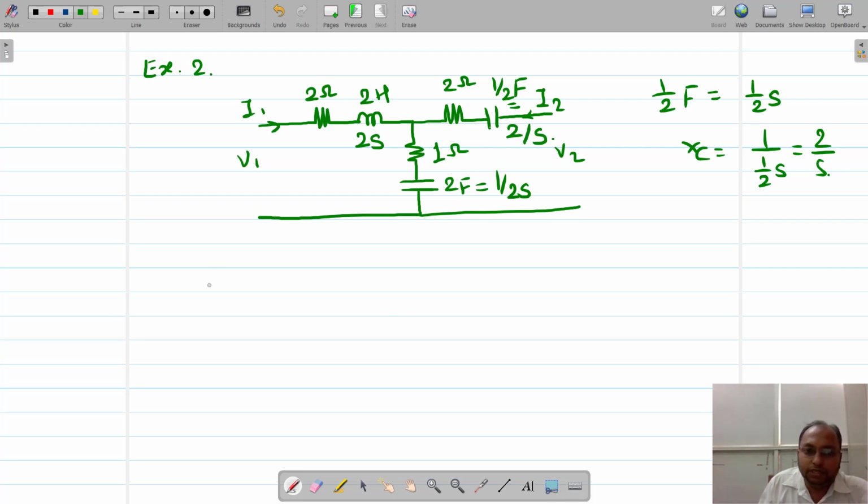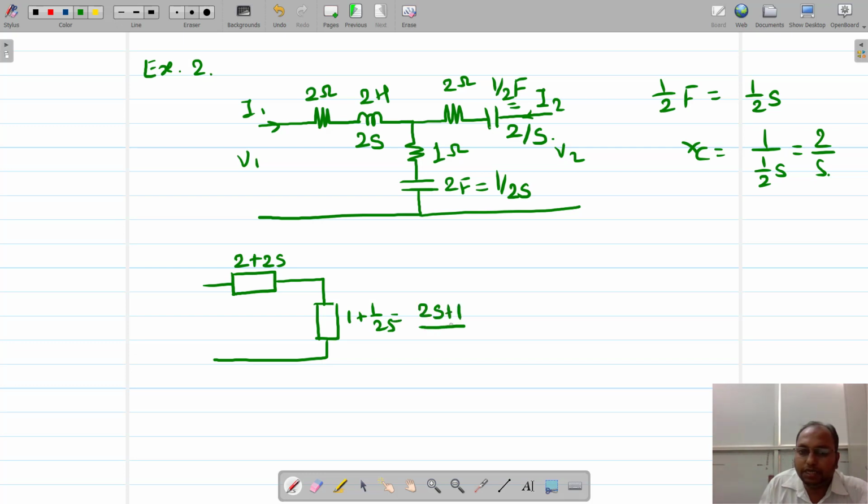So this is going to have 2 plus 2S, right? This will be 1 plus 1 by twice S. Once I simplify this one, it is going to become twice S plus 1 divided by twice S, right?